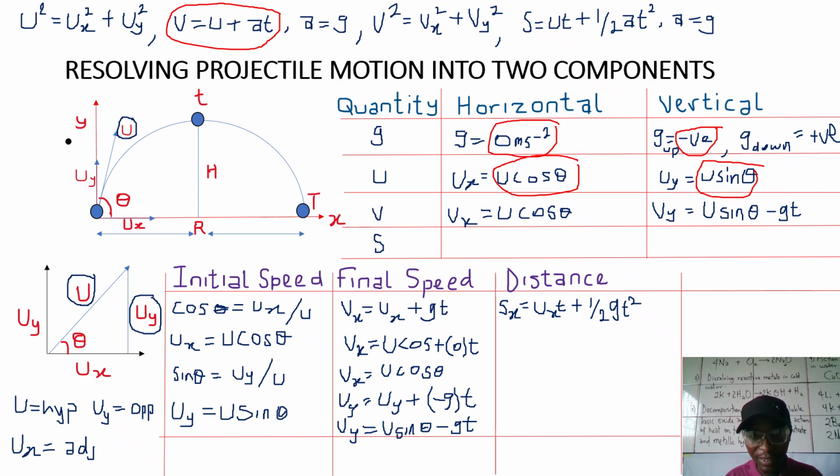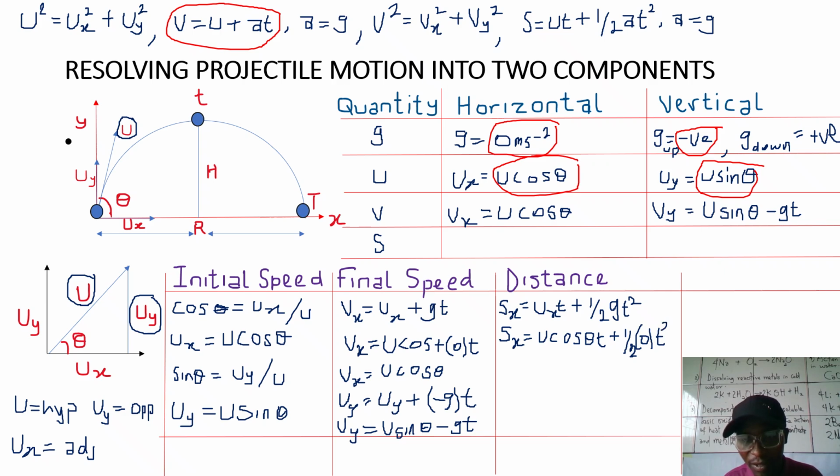Then that implies that our horizontal distance, which is Sx now, equals to, then substitute the value of Ux here, U cos theta t plus half, we shouldn't forget that our g is 0, t squared.